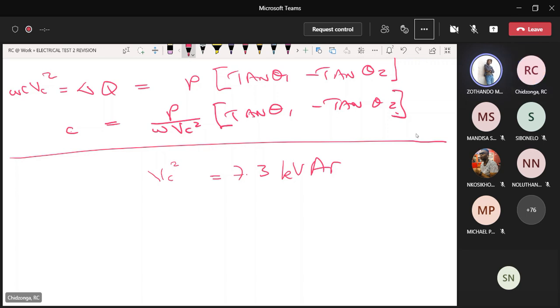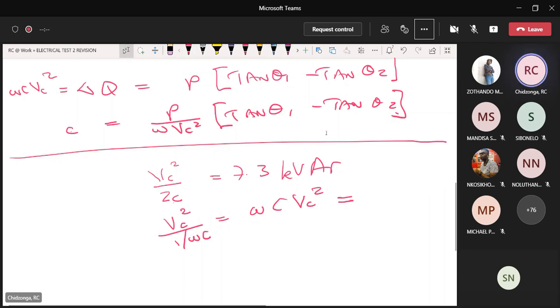You see? Capacitive impedance is 1 over omega C, and this is what gives you omega C VC squared. You see? Then you perform the division after, the same way I've done. Okay, sir, thank you. You need to compare like with like. Okay?